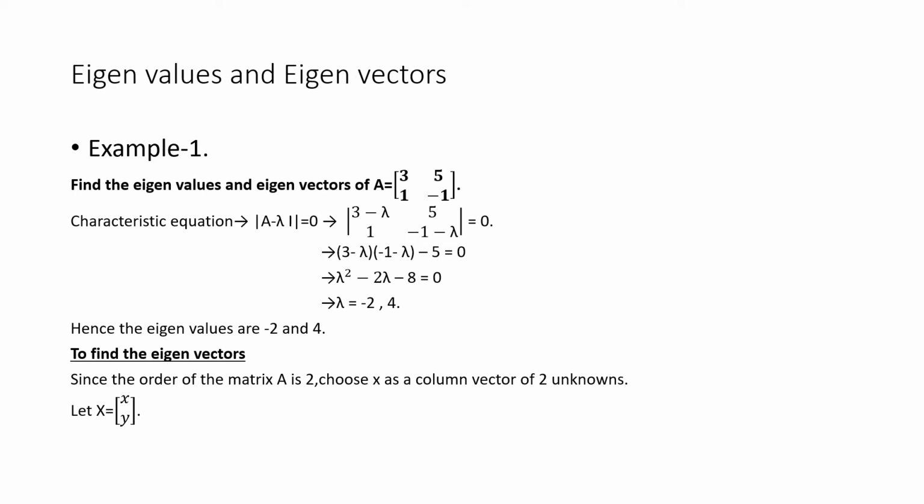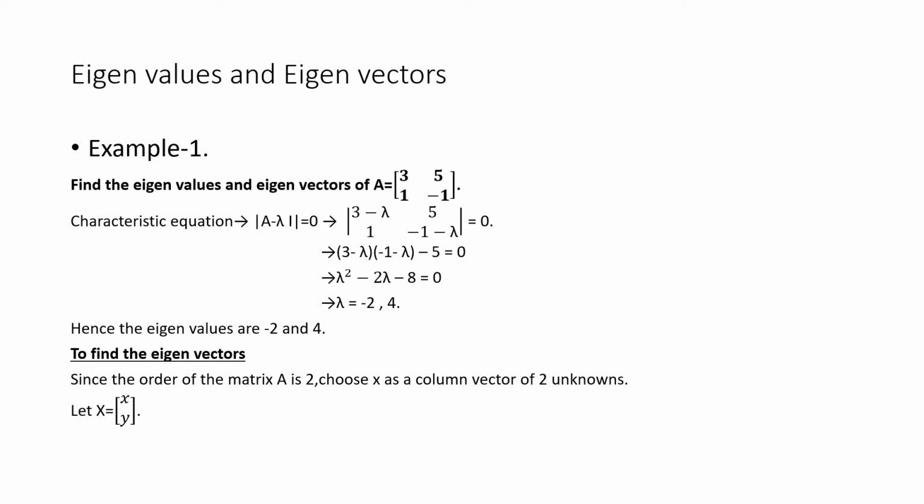Now we will try to do some problems. First problem, find the eigenvalues and eigenvectors of A equals first row 3, 5, second row 1, minus 1. To find the eigenvalues, first we have to write the characteristic equation, which is determinant of A minus lambda I equals 0. To find A minus lambda I, we just need to subtract lambda from the main diagonal elements.